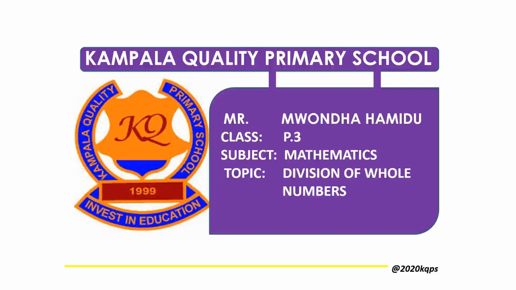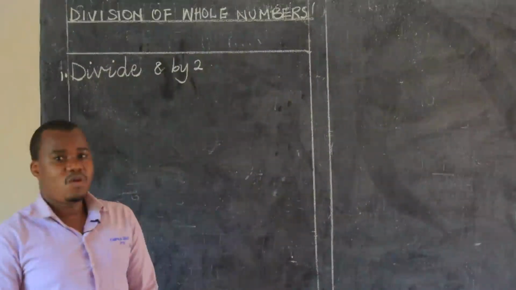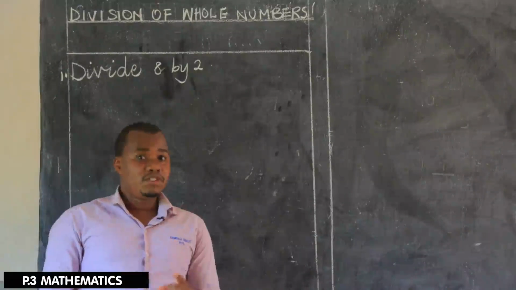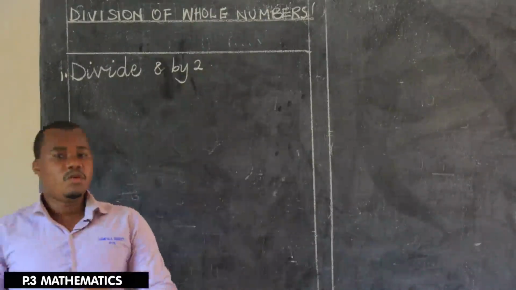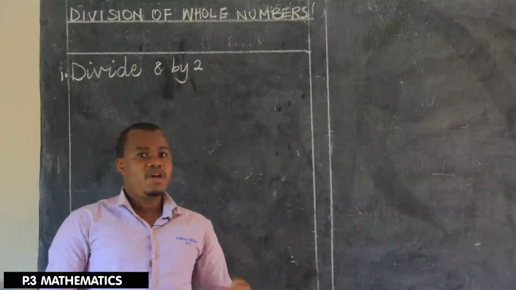Now I will not go back there, and today we are going to look at something else, division of whole numbers. And basically the numbers that we are going to look at today are those numbers that don't have remainders. So we are going to divide numbers without remainders.